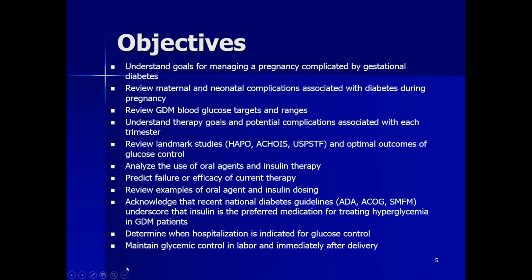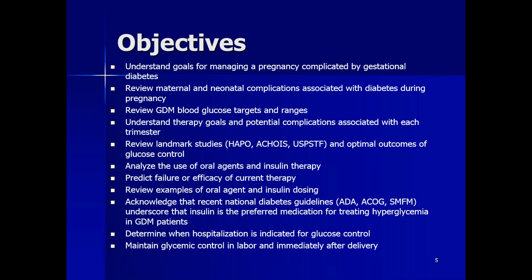I will show you some of the trail posts that we're going to be using as objectives for this lecture. We would like to understand the goals for managing a pregnancy complicated by gestational diabetes, and the complications to both mom and baby associated with this diagnosis. We will review what is known about blood glucose targets and ranges.